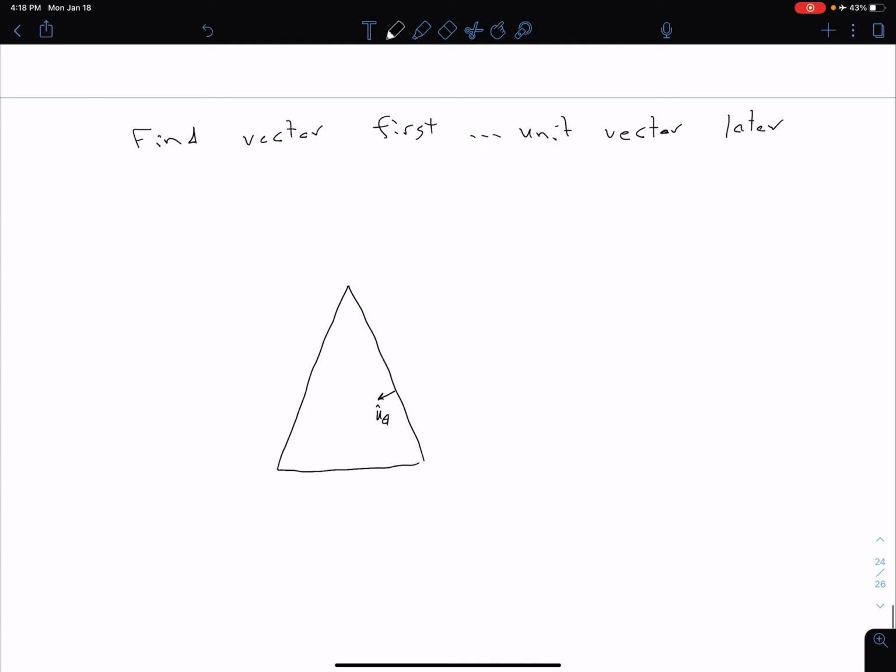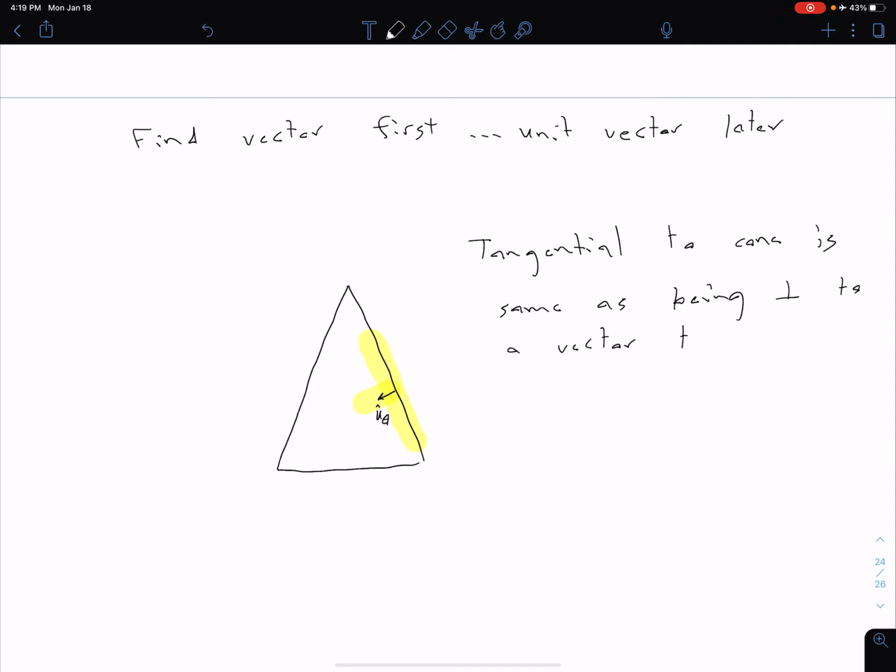Okay, if we want something that is tangential to the cone, really that's the same as being perpendicular to a vector that is normal to the cone.